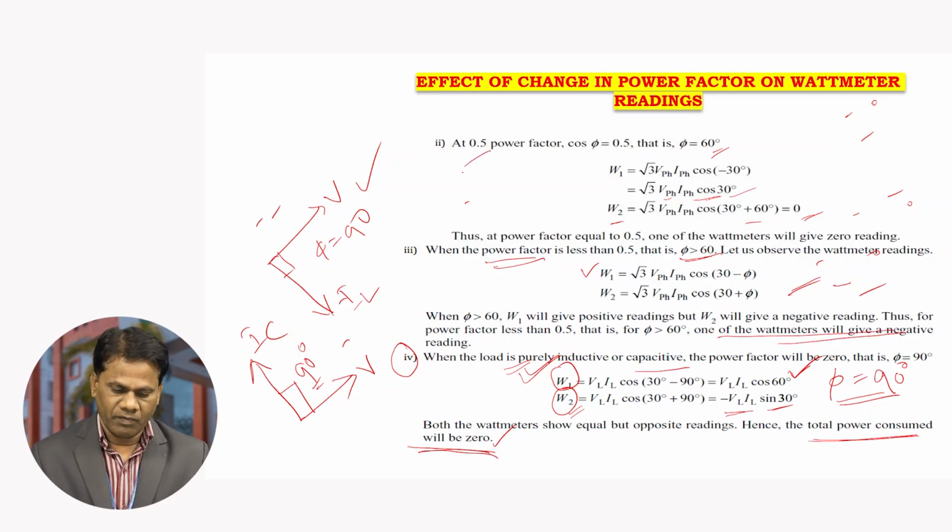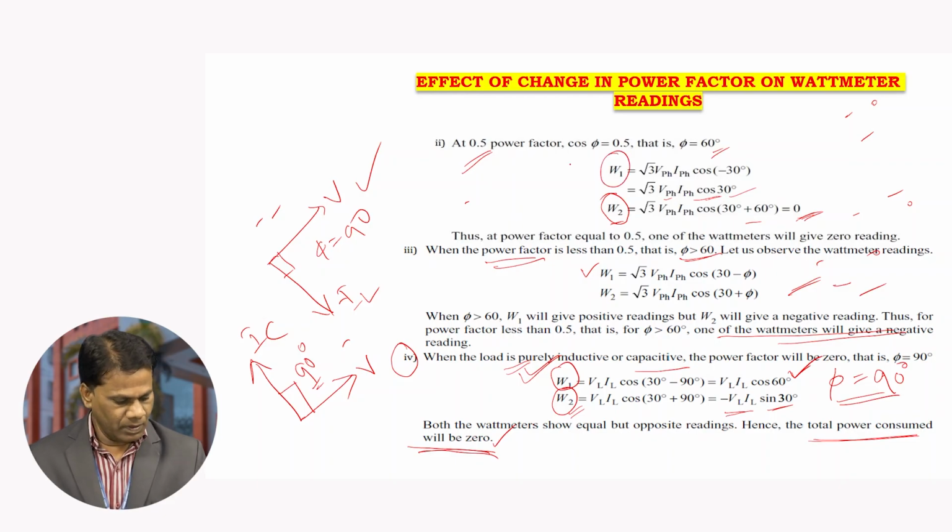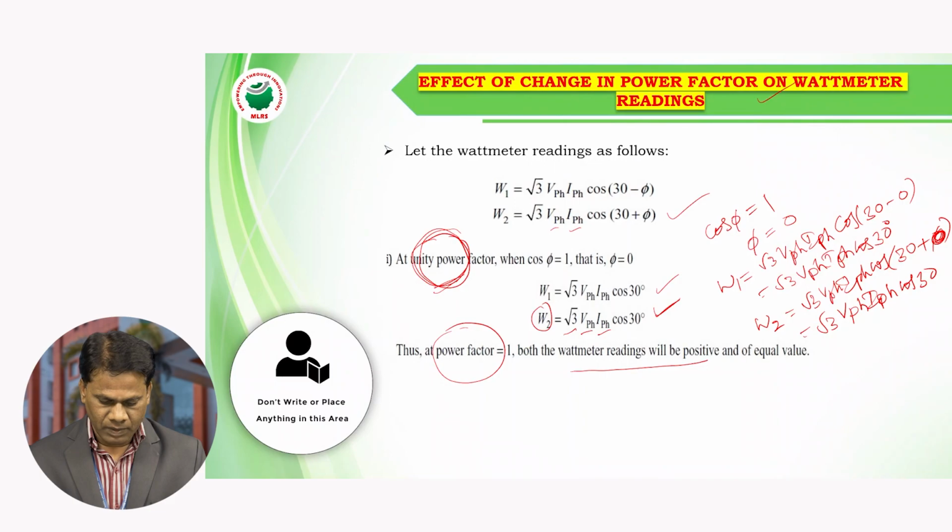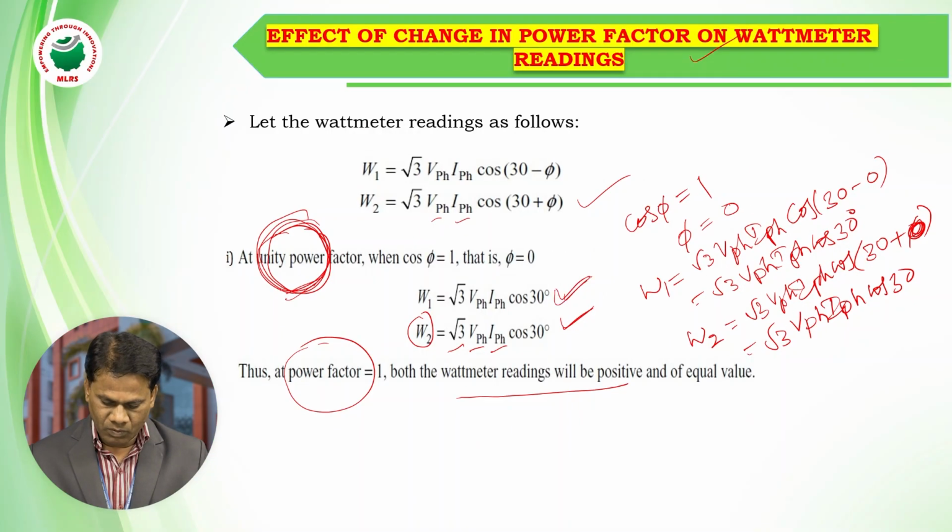Whereas when the power factor is equal to 0.5, the wattmeter reading W2 is equal to 0 and wattmeter 1 is a positive value. In the case of unity power factor, both wattmeter readings will be positive and equal. So this is the effect of change in power factor on wattmeter readings in the two wattmeter method to measure three-phase power in a balanced load.